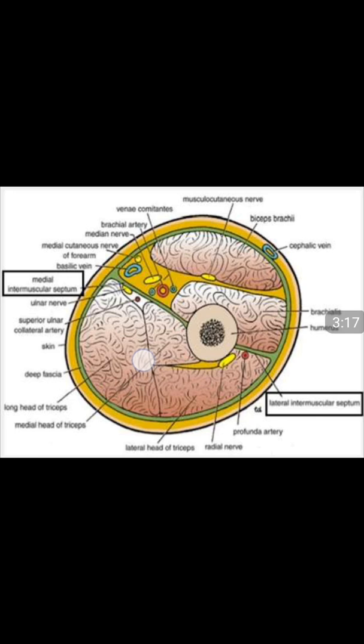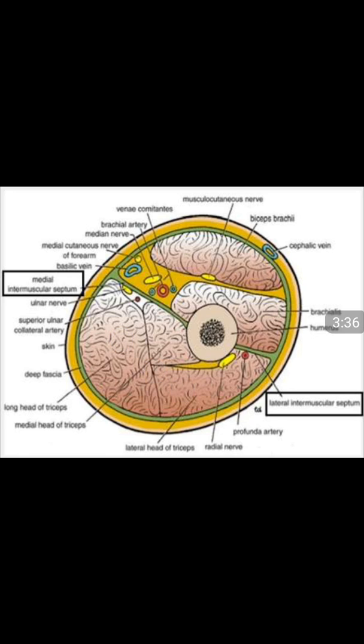Now this group of muscle is called the flexor compartment, for example, and this group of muscle is called the extensor compartment. In one compartment, only those muscles come which share the same nerve supply and the same action.